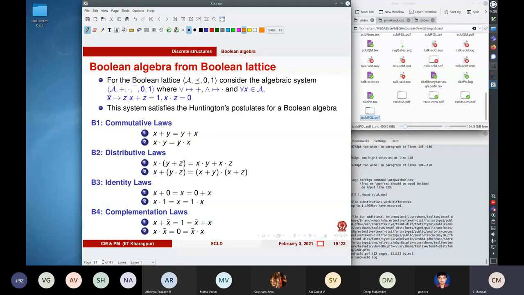So the complement of X is an element Z satisfying the complementation properties. And as you have already seen, in a Boolean lattice the complements are unique. So in a Boolean algebra also we'd expect the complements to be unique.